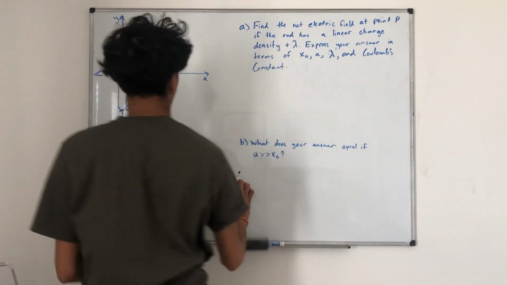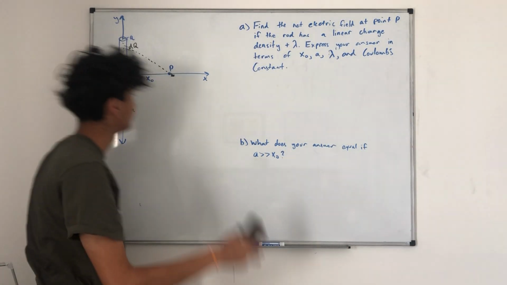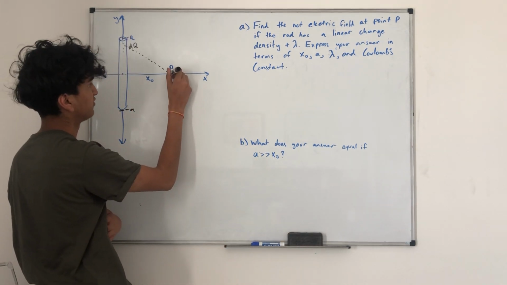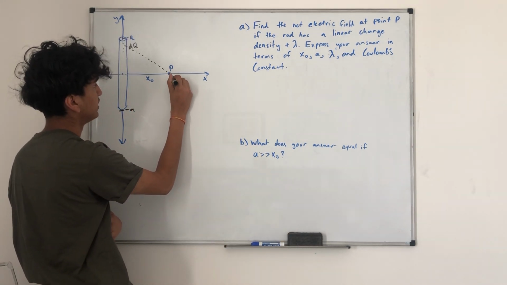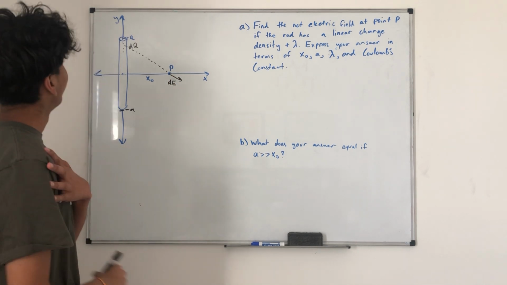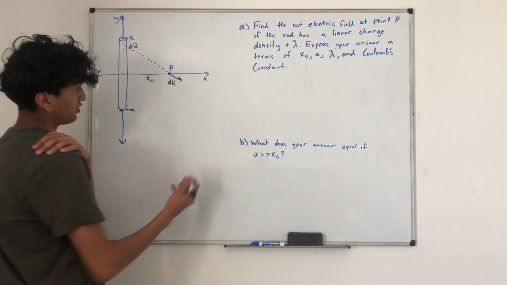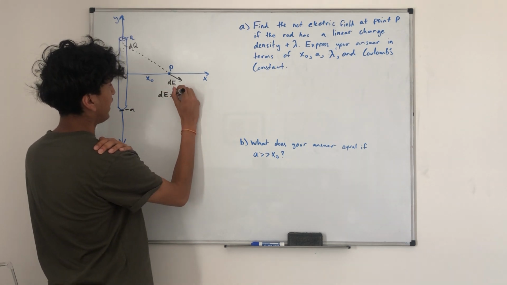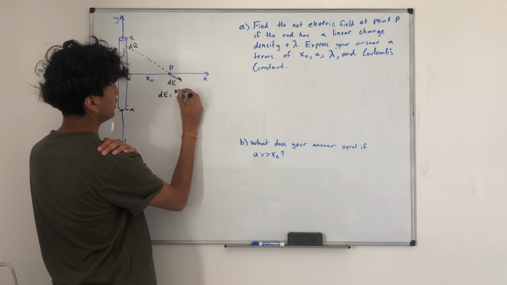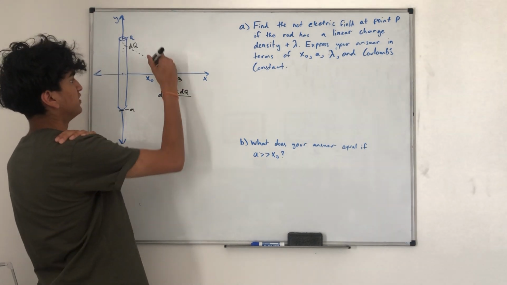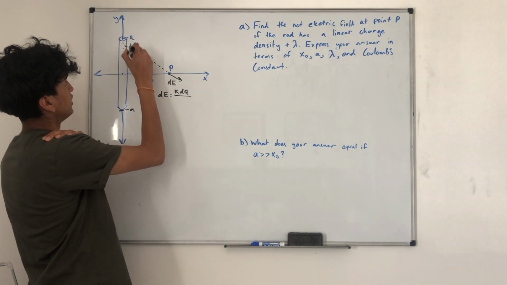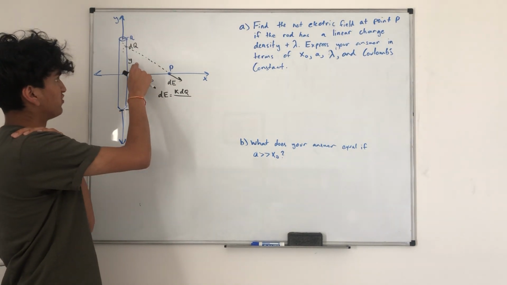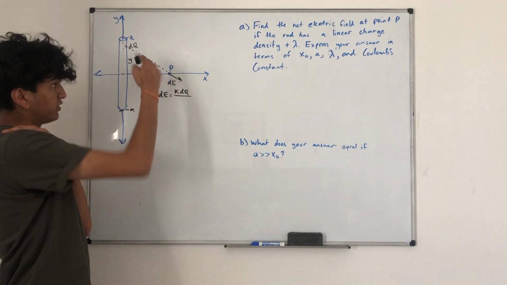I drew that arrow a bit small, but it's really creating a very small electric field, dE. And what we could say is that this dE is equal to k dq over the distance squared. So our distance, let's call this height right here y. If you think about Pythagorean theorem, x squared plus y squared equals r squared, the distance squared.